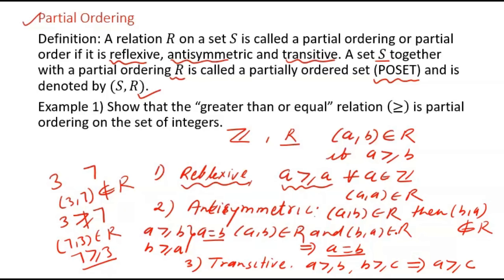So the relation that I have defined on the set of integers, greater than or equal, is a partial ordering because it is reflexive, it is antisymmetric and it is transitive. I hope I am making sense to you.